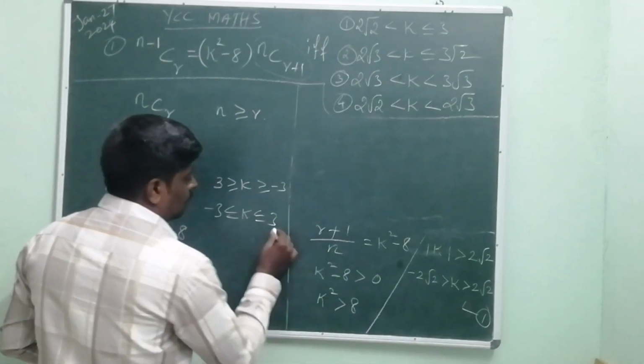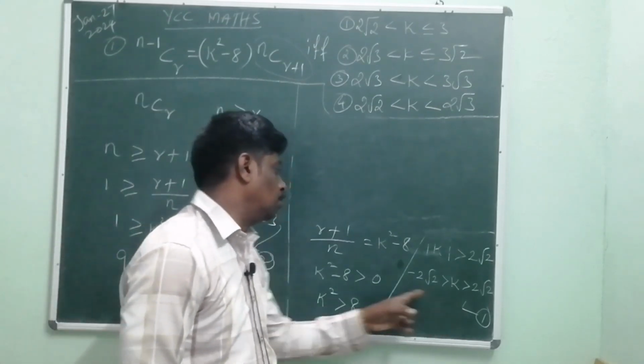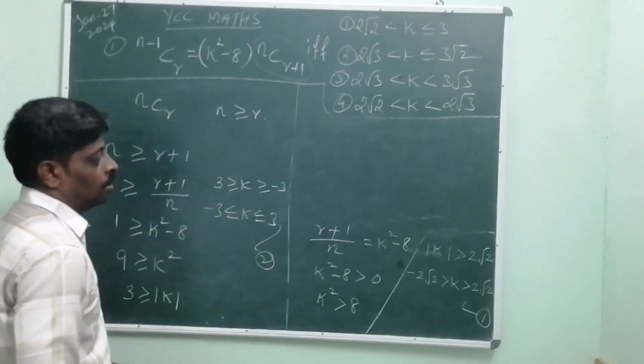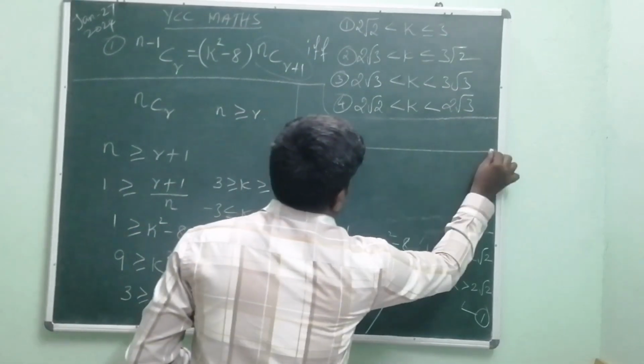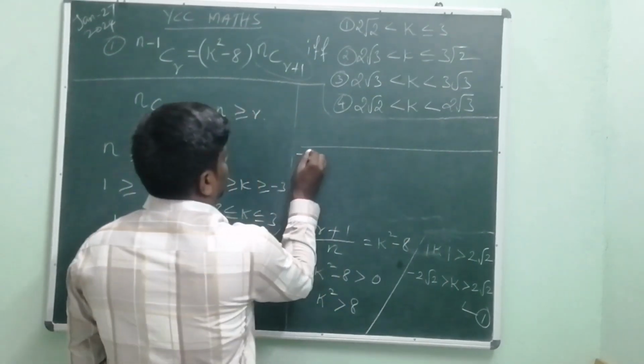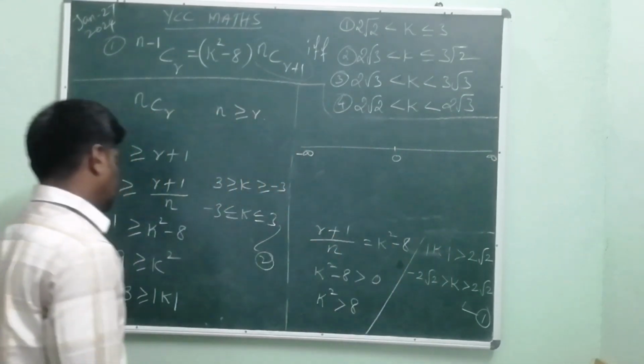Now considering result 1 and result 2, what is the value of k? We take the real line from minus infinity to plus infinity, with the origin at the center.